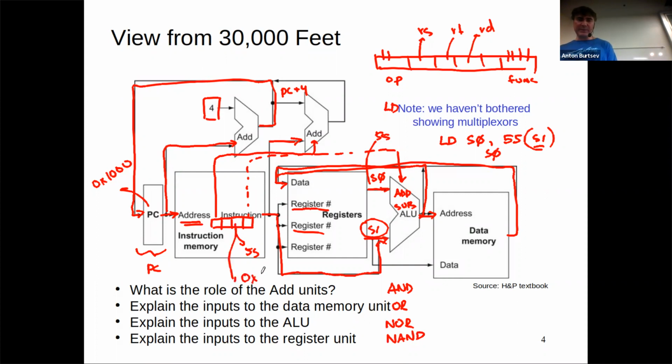Maybe again we jump to something like 2000, so it will be PC plus 4 plus X 2000, right? And then this is how we will update our program counter again. So this is a very high level view of this CPU, right?